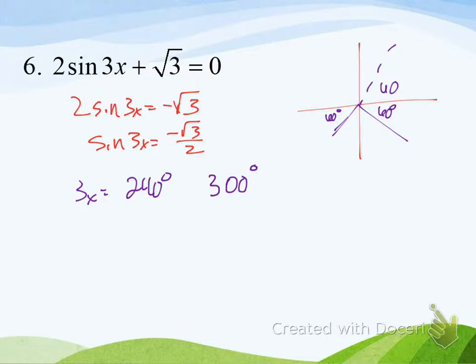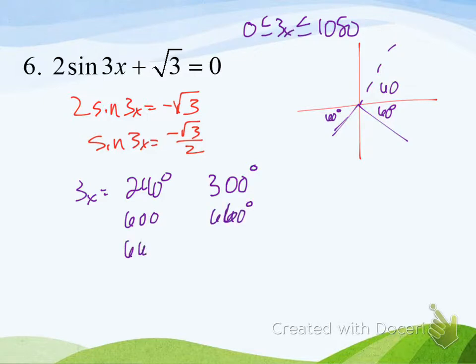Okay? Now our cap is 1080. Again, it's because we're multiplying the angle by 3. So we want to keep adding 360, because it's sine, until we get to 1080. So if you add 360 to 540, you get 600. And then 660.